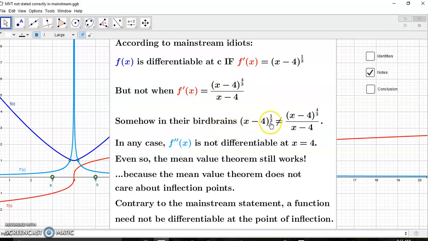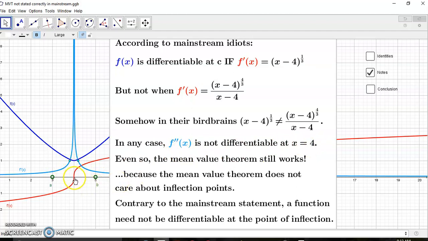Somehow in their bird brains, x minus 4 to the third is not equal to the expression you see on the right here. Well, you'll have to ask them yourself why it's not equal. They're obviously mentally damaged.